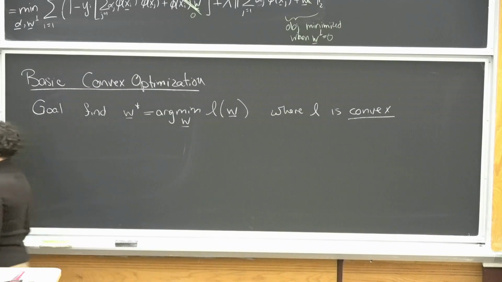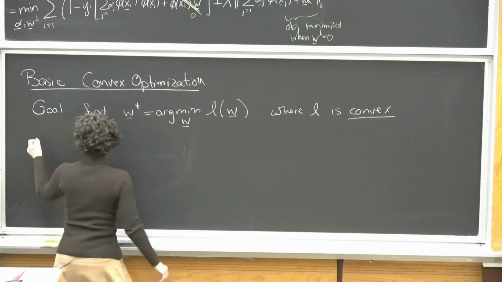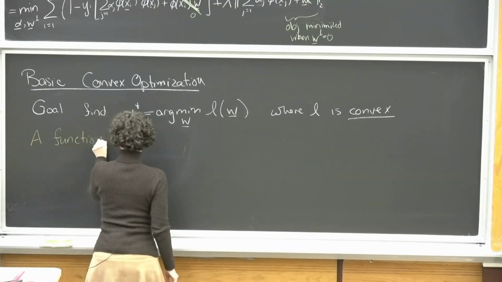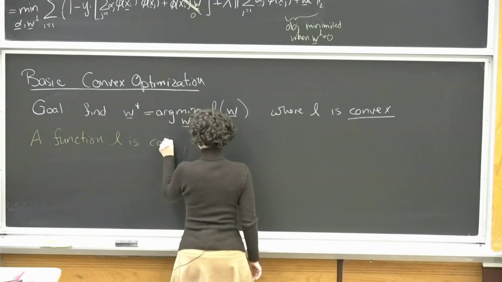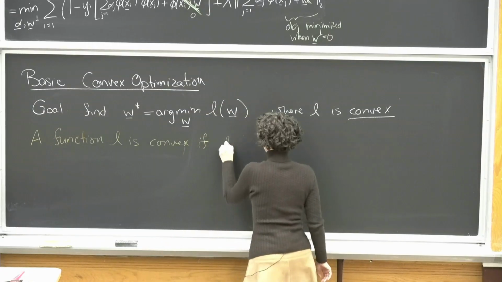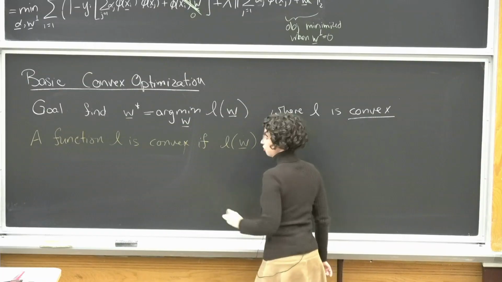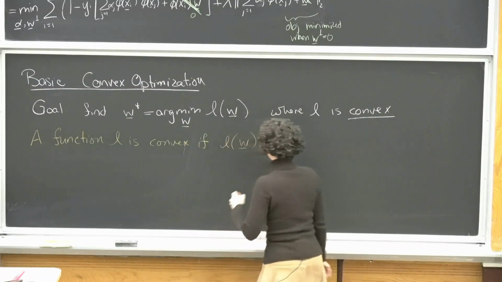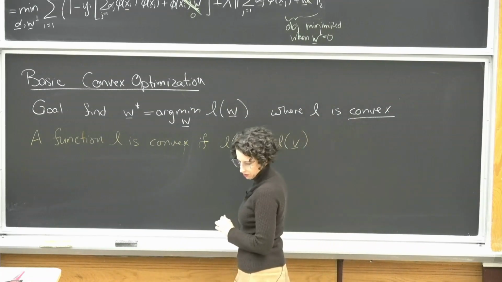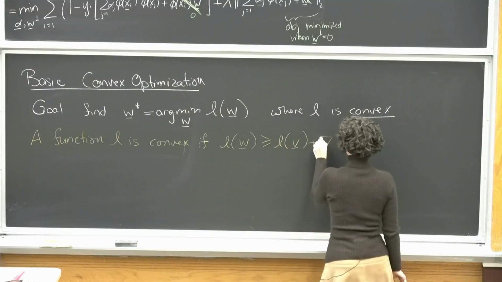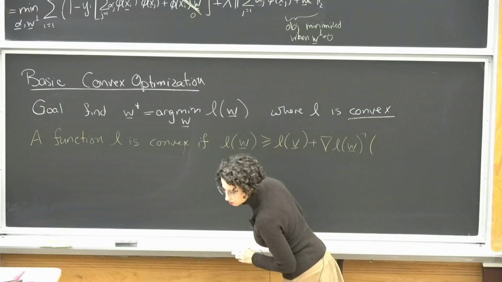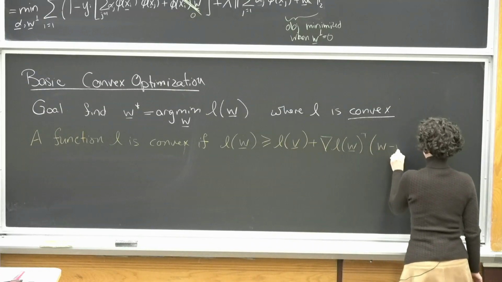So to define it more precisely, a function L is convex if I look at that function and evaluate it at some W, and that is greater than or equal to that function at some other point V plus the gradient of that function at W transpose times, I just want to make sure I get my signs right, W minus V.